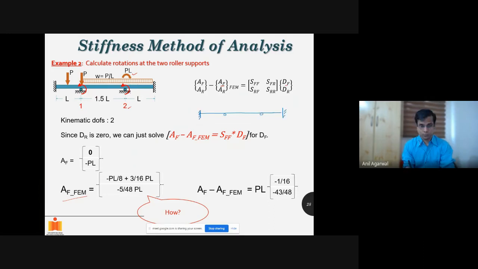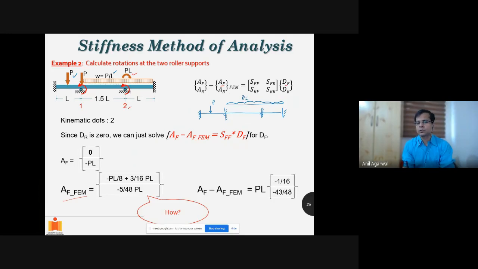Now, AF FEM basically means that if I fix these 2 degrees of freedom also, if I restrain them, then there are forces acting, like 1 and 3, this force and this force. This is P and this is P by L.